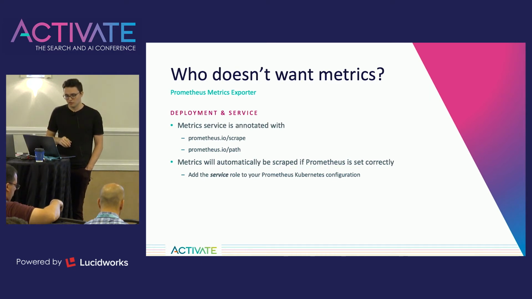So if you add certain roles to your Prometheus Kubernetes configuration and start submitting Prometheus exporter resources to the Solr operator, you'll automatically be able to scrape metrics for the Solr clouds running inside and outside of your cluster, which is, in my opinion, awesome.